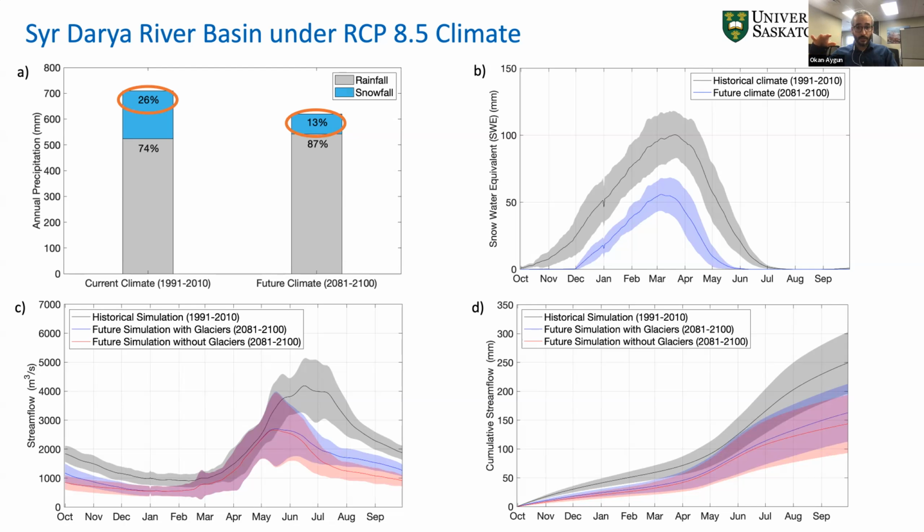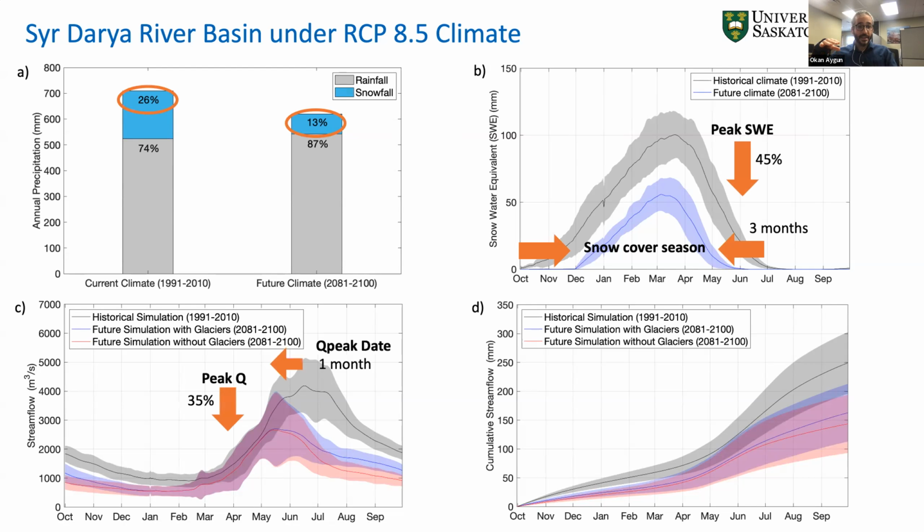Figure B illustrates that the average peak snow-water equivalent declines by 45% from 100 to 55 millimeters, and the snow cover season shrinks by 3 months. Looking at the changes in mean streamflow in figure C, the peak flow declines by 35%, and it advances 1 month from mid-June to mid-May for the 2081-2100 period compared to historical conditions.